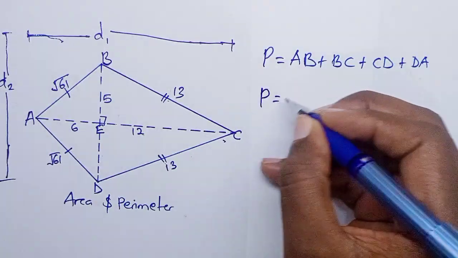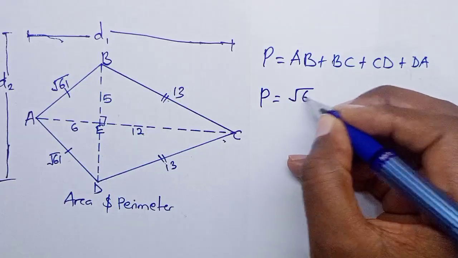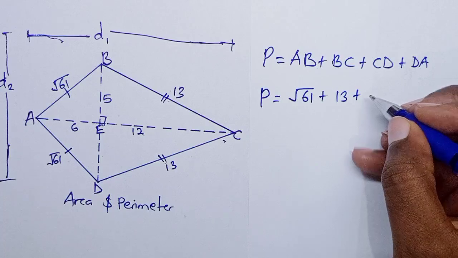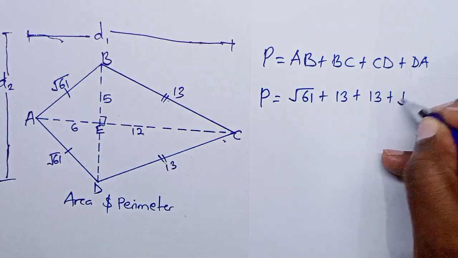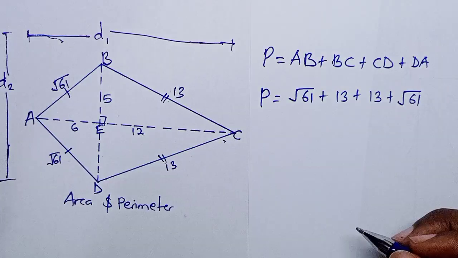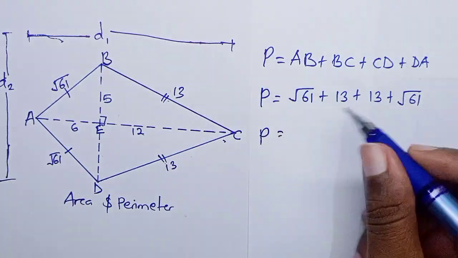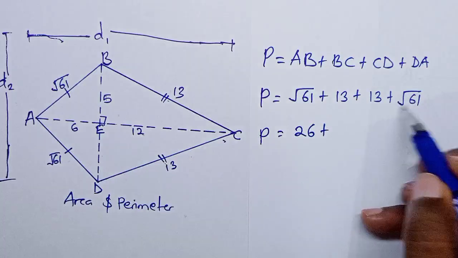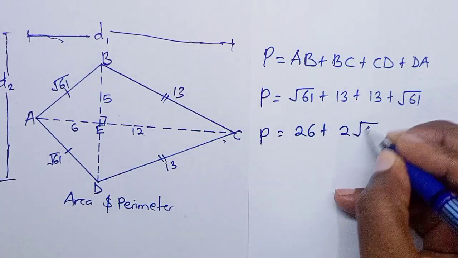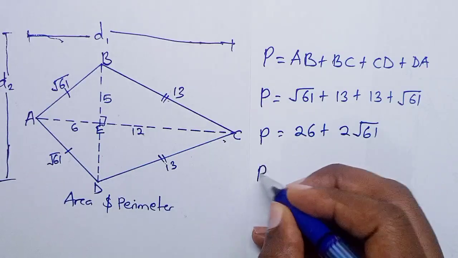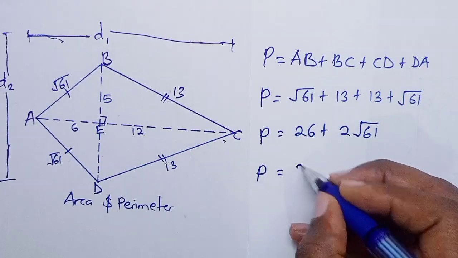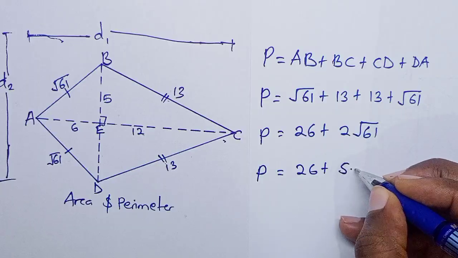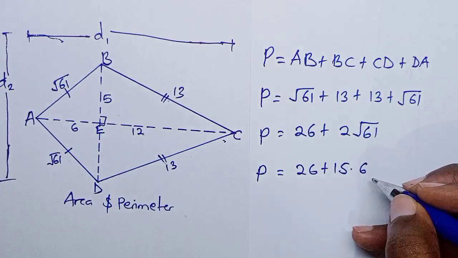So perimeter will be equal to AB is root 61 plus BC is 13 plus CD is 13 plus DA is root 61. So perimeter will be equal to 13 plus 13 gives us 26 plus root 61 plus root 61 gives us 2 root 61, which gives us 26 plus 2 root 61, approximately 15.6.